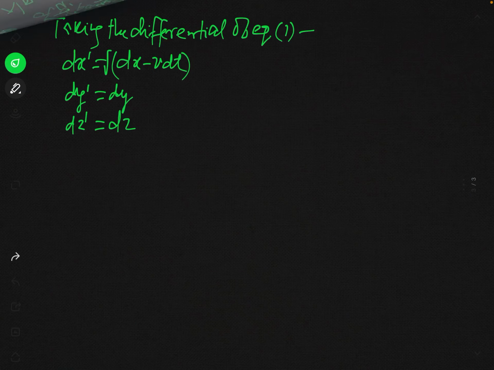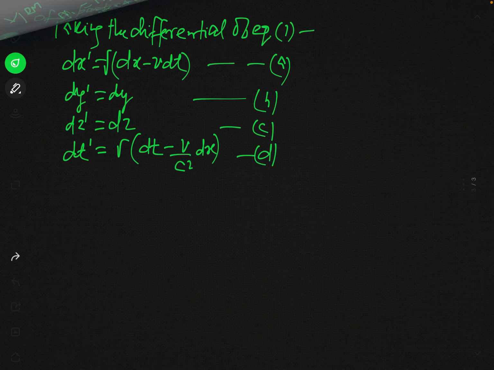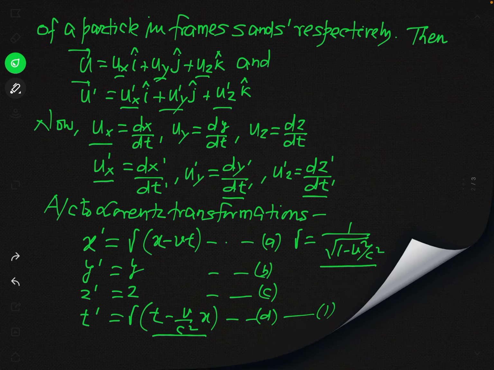So dt prime is equal to gamma times (dt minus v over c squared times dx). Let us call these equations A, B, C, D, and as a whole we consider them as equation number 2.